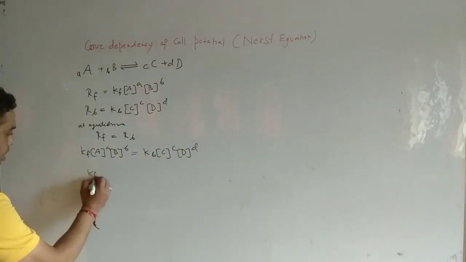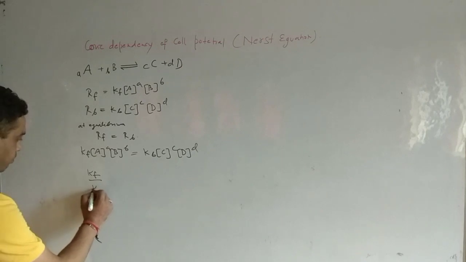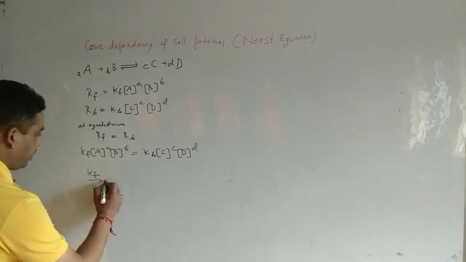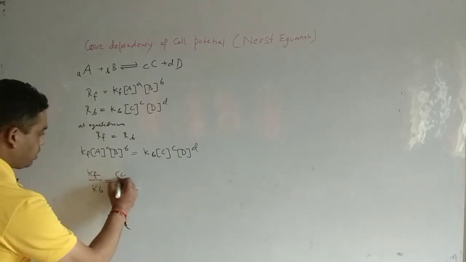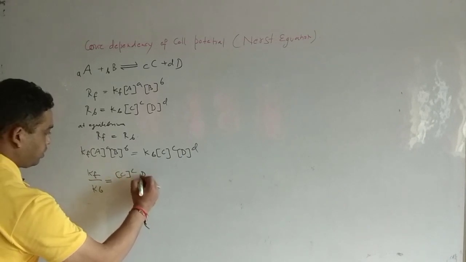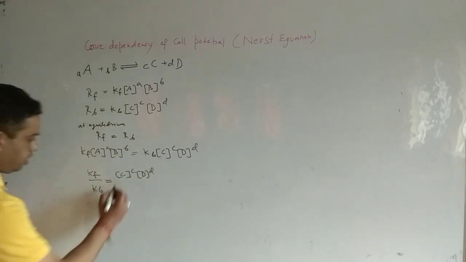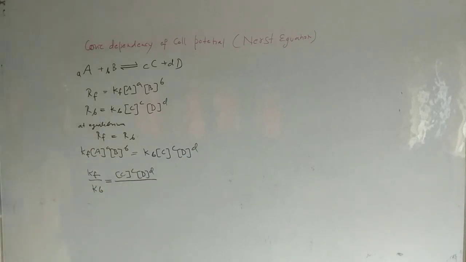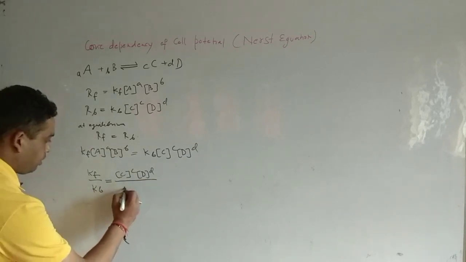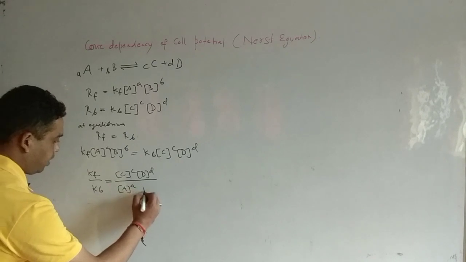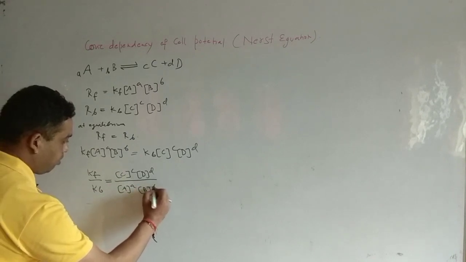Then you can write your Kf by Kb, that would be equal to concentration of C to the power of c, concentration of D to the power of d, over the molar concentration of A to the power of a and the molar concentration of B to the power of b.